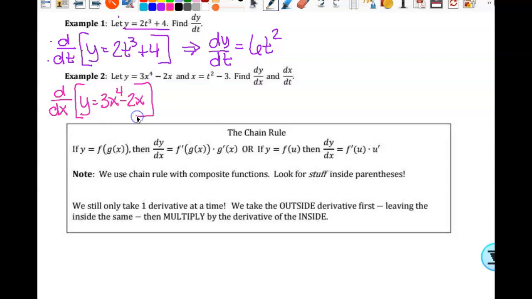I'm taking the derivative of that whole thing. The derivative of y with respect to x is dy dx. And when I take the derivative of this with respect to x, that's going to equal 12x cubed minus 2.